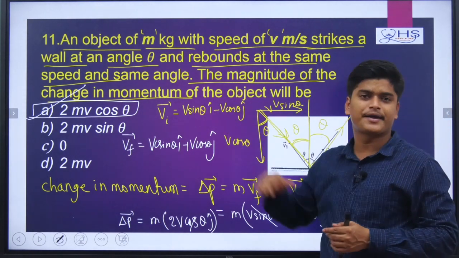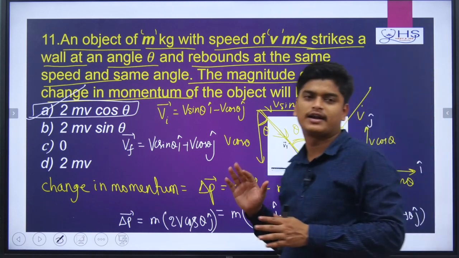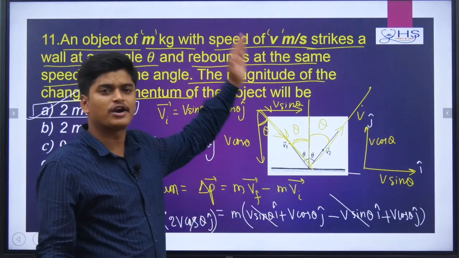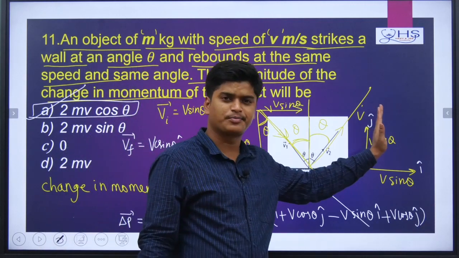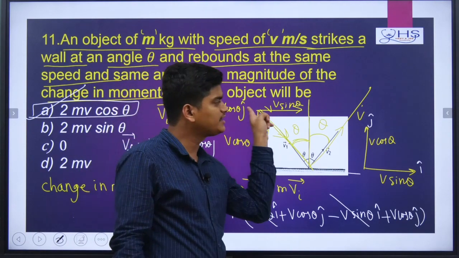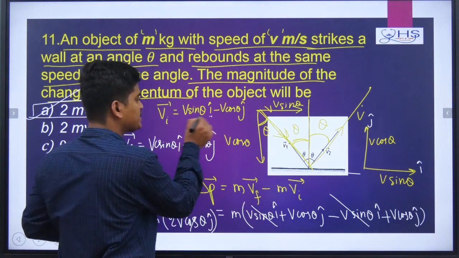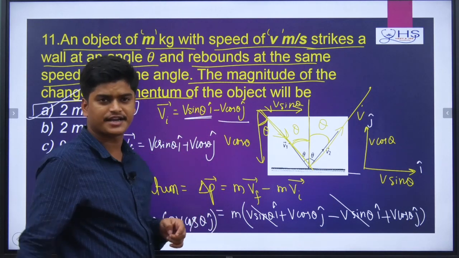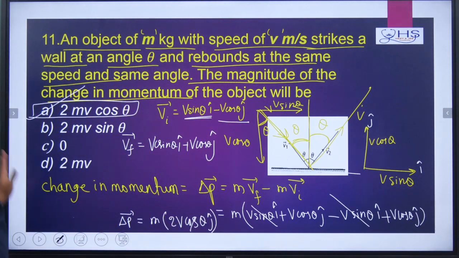Always remember: downward is minus j cap, upward is plus j cap, right is plus i cap, and leftward is minus i cap. This v vector is v sin theta i cap towards the right and v cos theta j cap towards down.